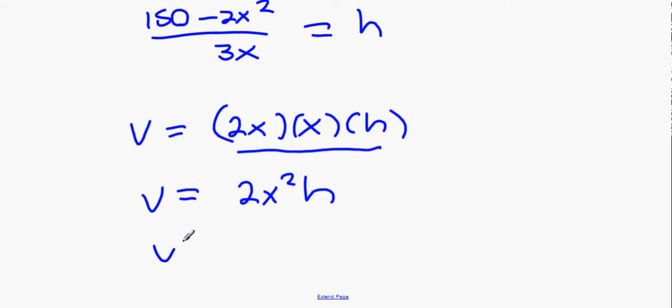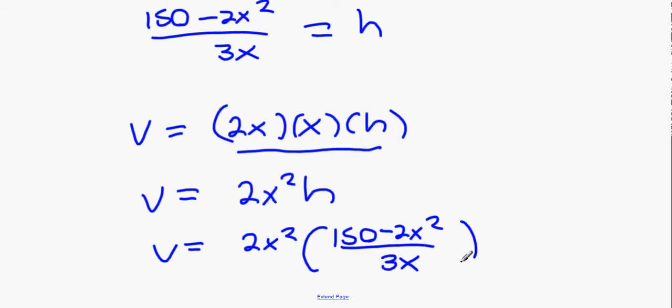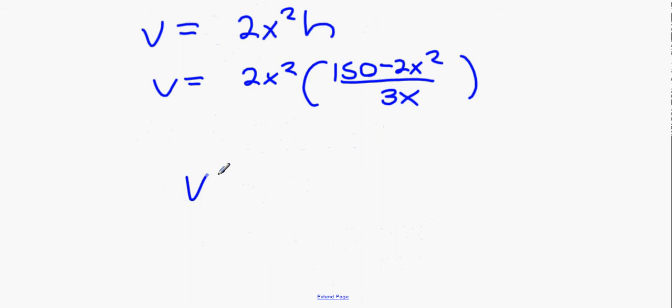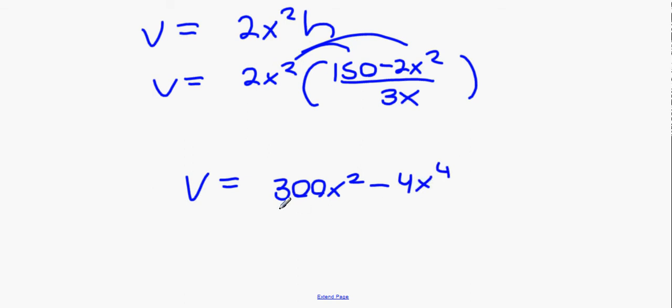And we know that h is 150 minus 2x squared all over 3x. We'll multiply that out. We're going to get V equals 300x squared minus 4x to the power of 4 all over 3x.